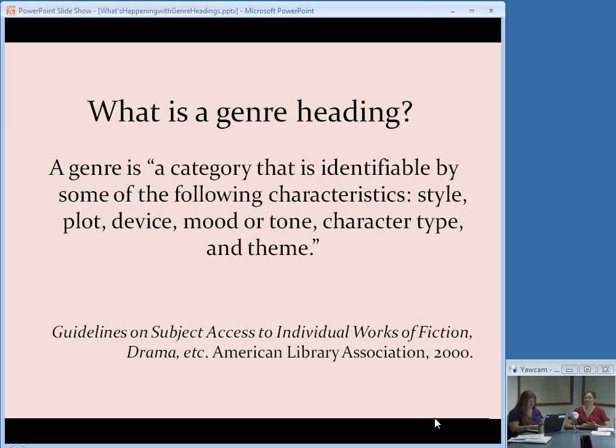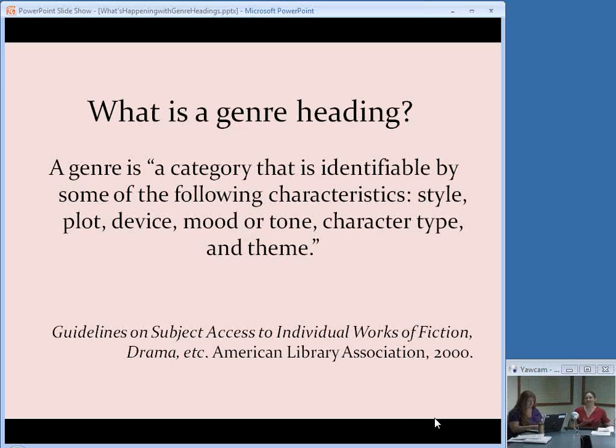A genre is a category that is identifiable by some of the following characteristics: style, plot, device, mood or tone, character type, and theme. This comes from the Guidelines on Subject Access to Individual Works of Fiction, Drama, etc., which was a vocabulary published by the American Library Association. And you can see it says subject access in the title, but it does also have genre terms.